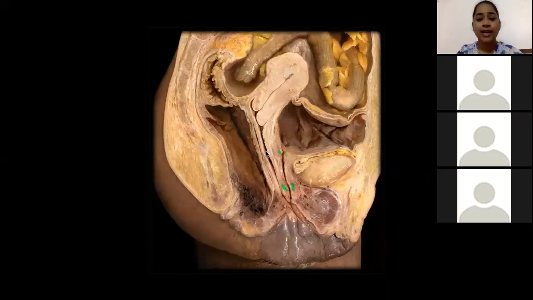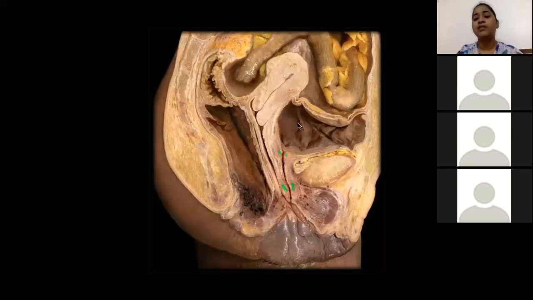Now this is the vaginal cavity. Into the vaginal cavity we will see the cervix, and the rest of it is the uterus. So I hope you can identify the difference between male and female pelvis.